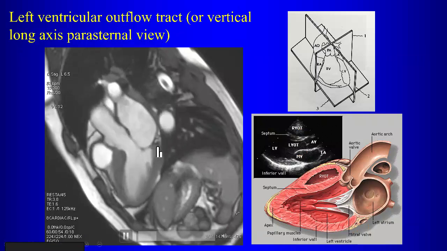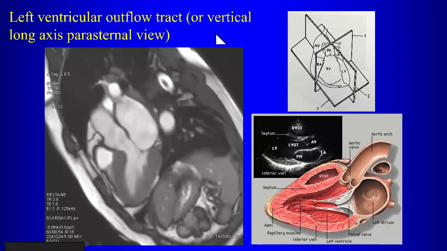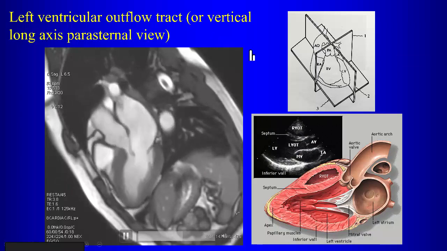Left ventricular outflow tract view. So to get your left ventricular outflow tract view, essentially you're connecting 3 points. Remember, 3 points determine a plane. What are those 3 points that determine the plane of the left ventricular outflow tract view? What?